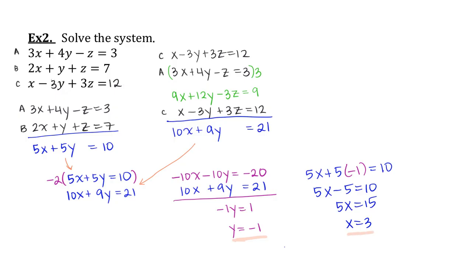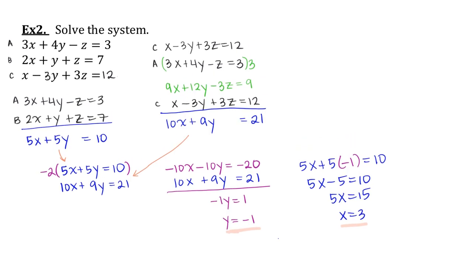What do I still need? I need z. Okay, to get z, I need to go back to an equation with z in it, which could be this equation, or this equation, and plug in. It does not matter which equation you pick. I pick the easiest equation that appears easy. For me, I'm going to pick B, just because the numbers are small, and yeah, that's the main reason.